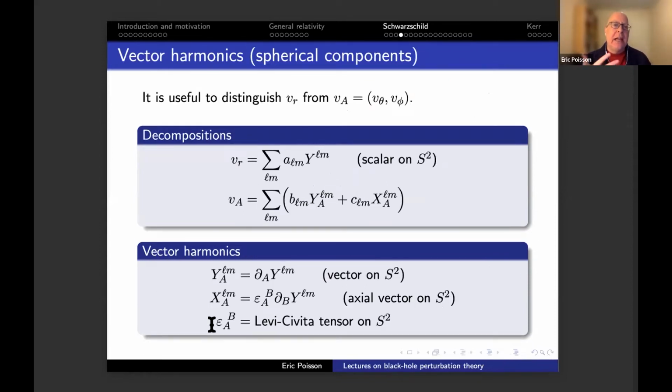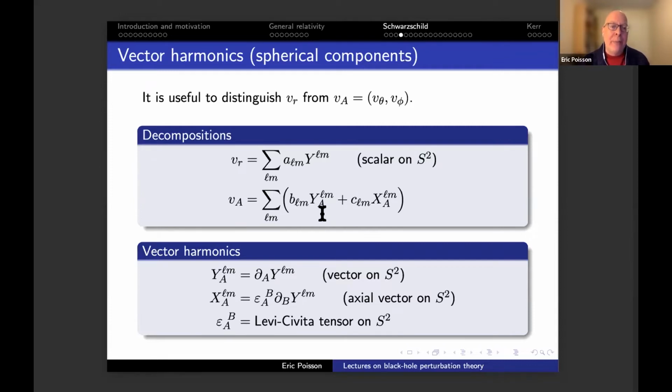All right, so just a slight change of point of view here. I will consider this to be a vector and this to be a scalar. And this makes sense so long as I focus on operations on the sphere. So I'm thinking of the sphere as the distinguished part of the space here. So when I decompose a scalar, like the radial component of my vector, I am doing it as a scalar expansion purely in terms of scalar harmonics. When I decompose a vector on the sphere, then I will do it according to the vector basis that I just constructed.